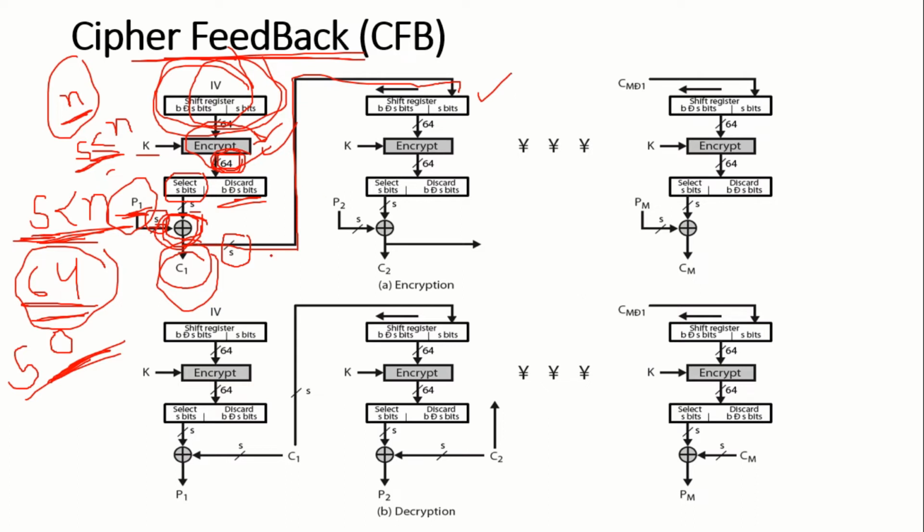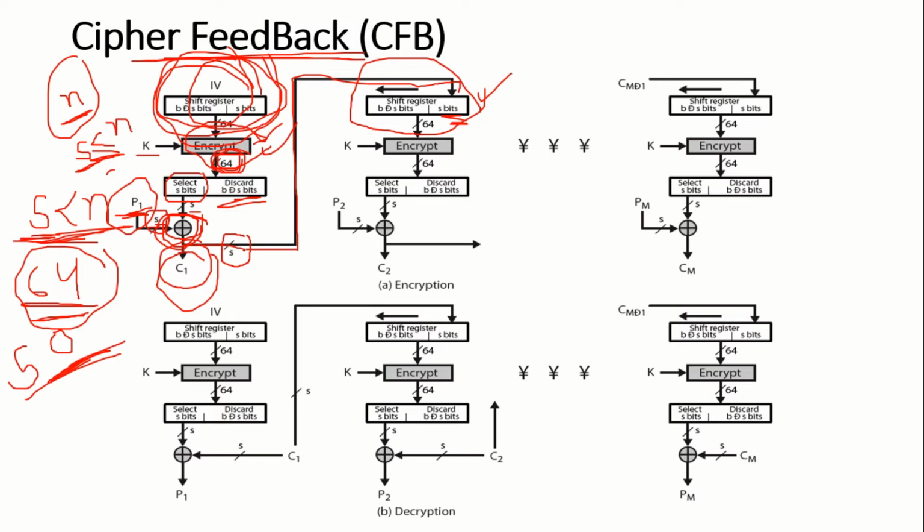So what we do is we will be shifting the contents of this shift register, which are equivalent to this initialization vector. We will be shifting them to the left by s bits. After left shifting, now we have space for entering s bits into this register, because we have shifted the b bits left by s bits, right?